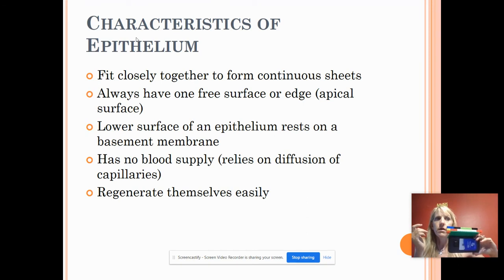What else? Your alveoli, your air sacs, or your epididymis, which transports semen. All of those things transport something, but they're avascular. So how do they get nourishment to the epithelial tissue? It's through diffusion.